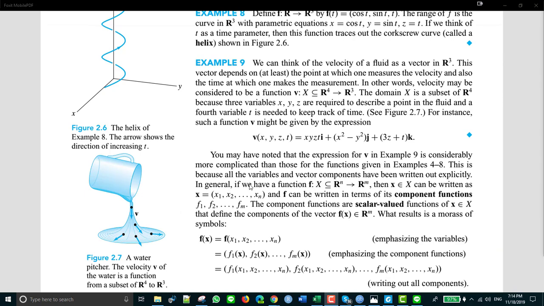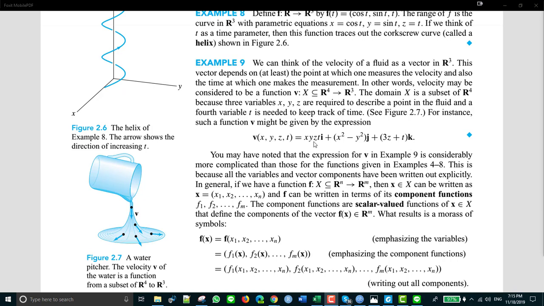This is because all the variables and vector components have been written out explicitly in this case. In general, if we have a function from Rn to Rm, then x is an element of Rn, and f can be written in terms of its component functions.